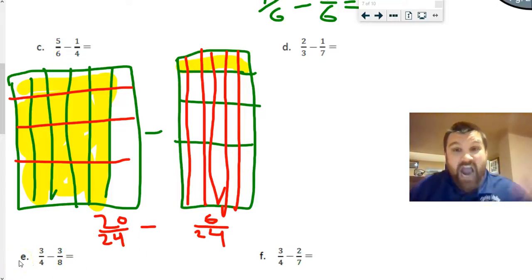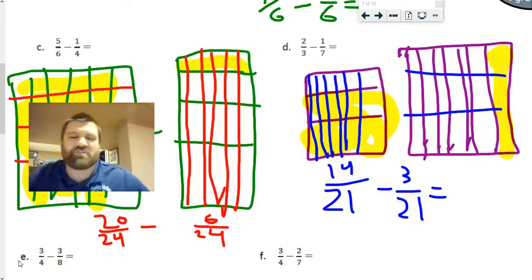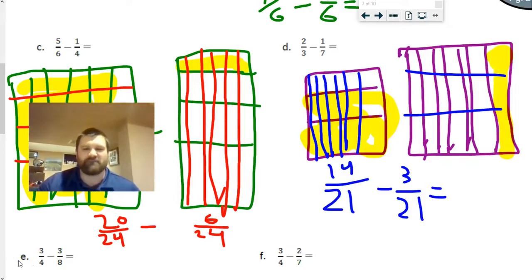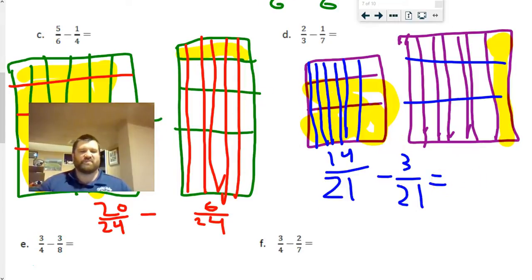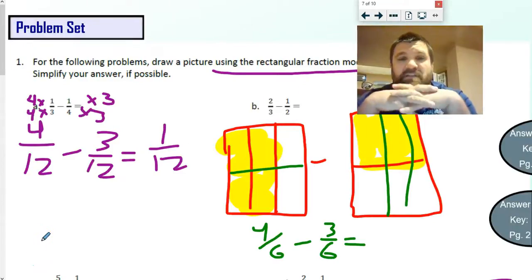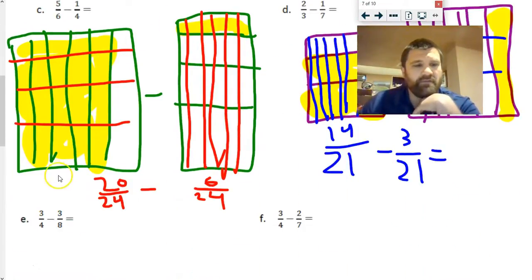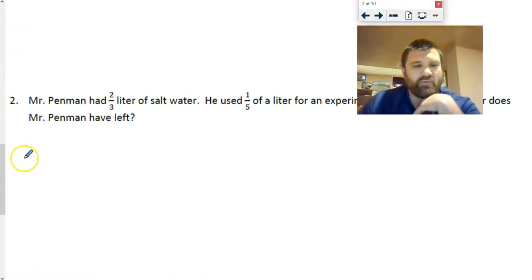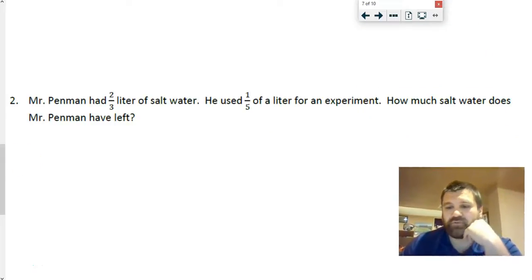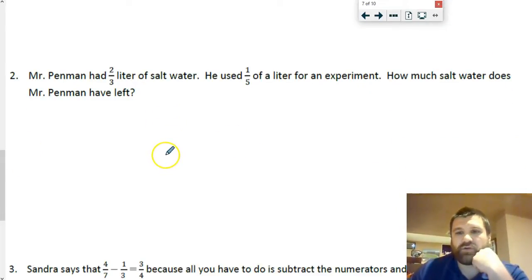Time lapse. So you should have gotten something like this. 2/3 minus 1/7, so you end up with 14/21 subtract 3/21, then you're a math wizard, so you can solve it. Let's keep going down. We've got some beautiful hard questions now.